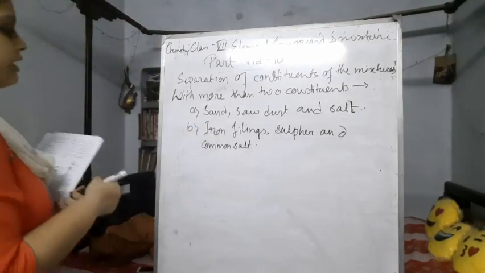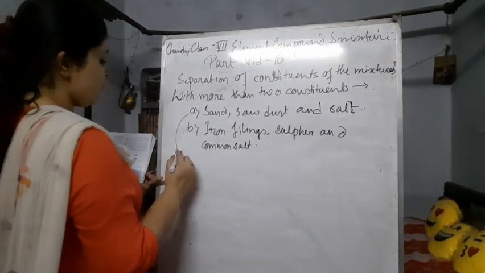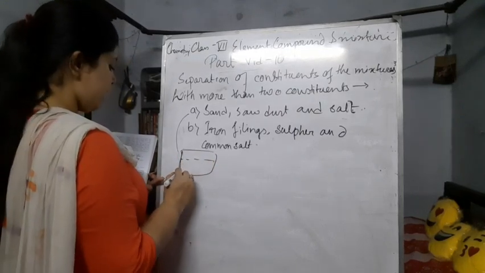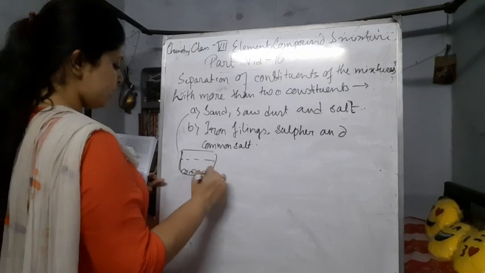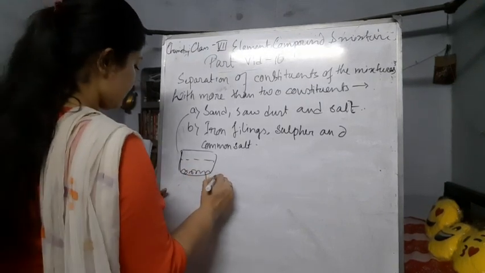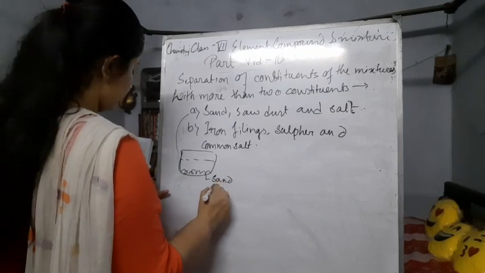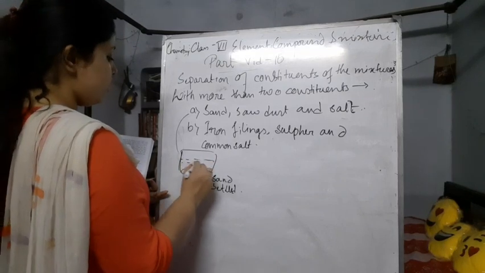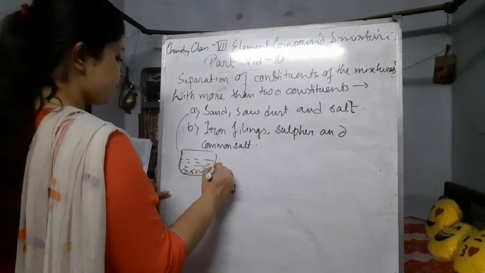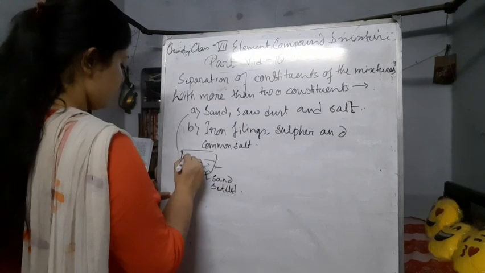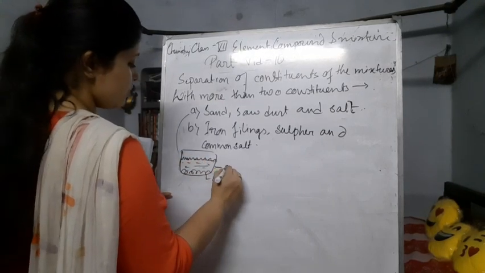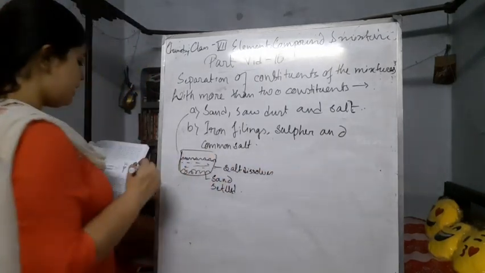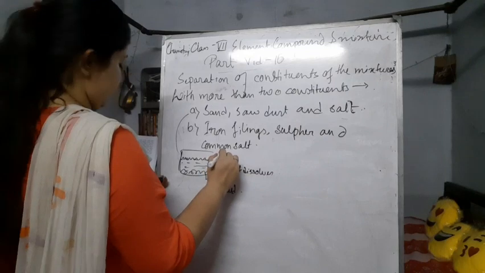In this procedure, first we take one beaker and the mixture is poured into it. The sand particles form a sediment and settle down, the salt dissolves in the water, and the sawdust floats on it.